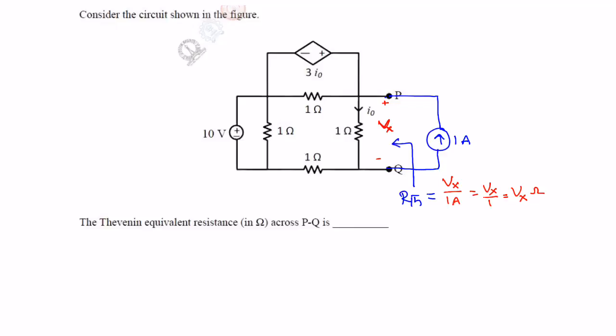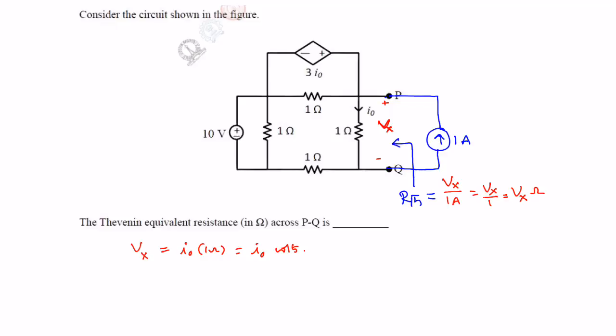Vx is the voltage drop across 1 ohm, so Vx can be written as I0 into 1 ohm, that is I0 volts. But we don't know the value of I0, so calculate I0 from the given circuit.